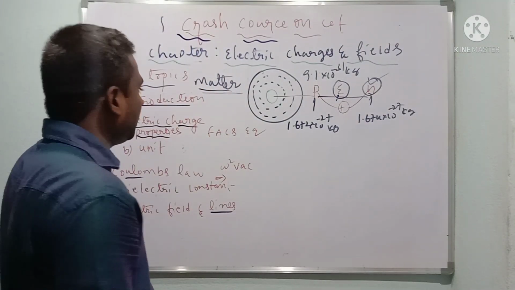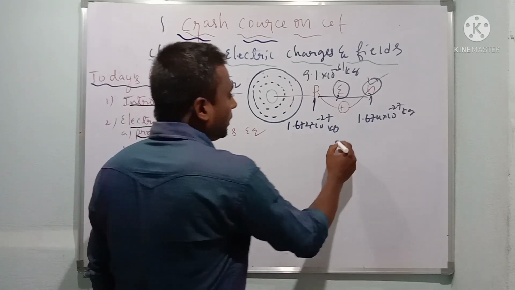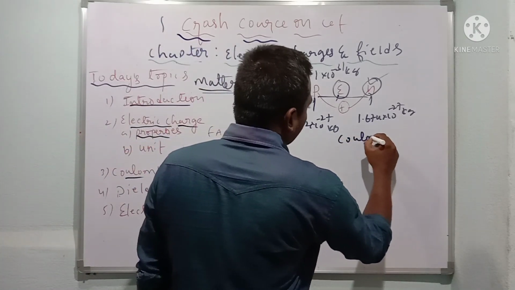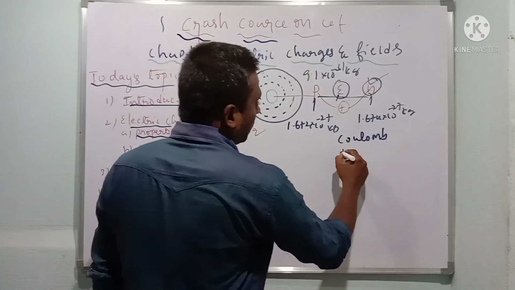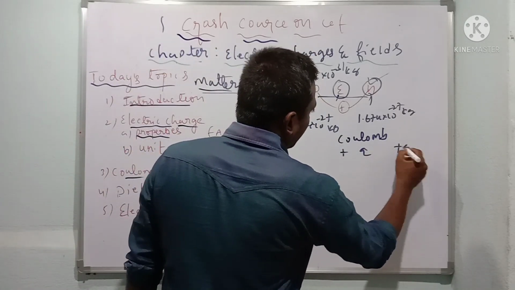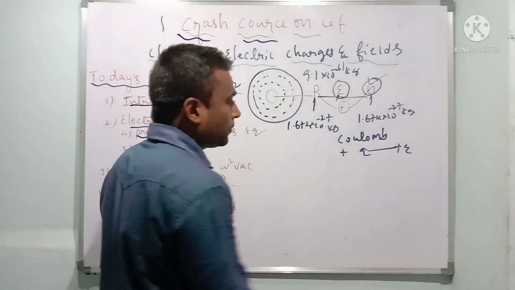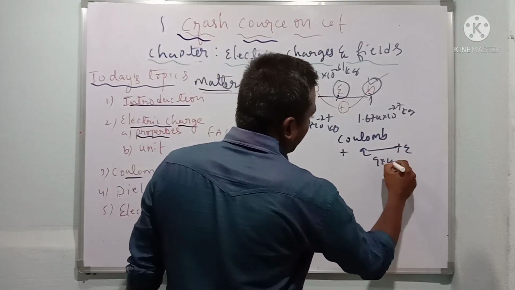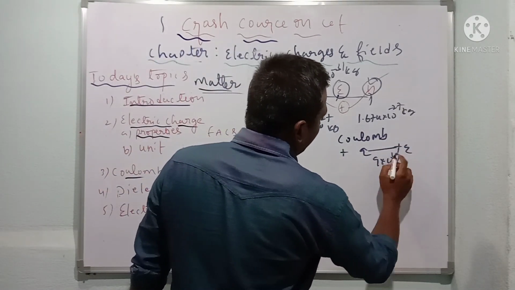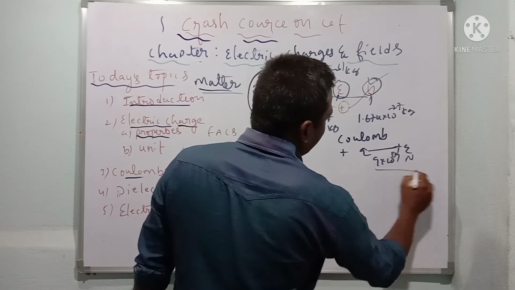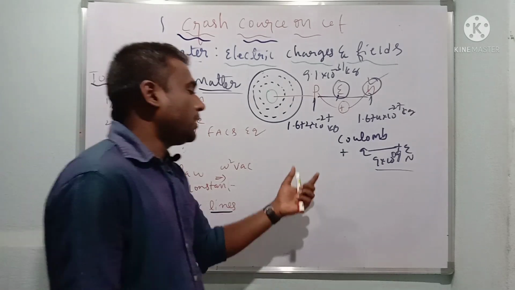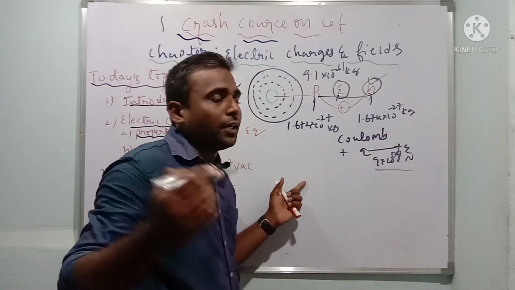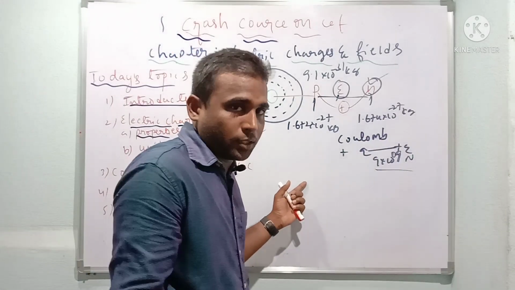And the unit of charge is called Coulomb. So what is Coulomb, children? It is very simple. When I take two charges and keep them in a vacuum, and they experience a force between them of 9 × 10^9 Newton, that is, a charge repels or attracts another identical charge.